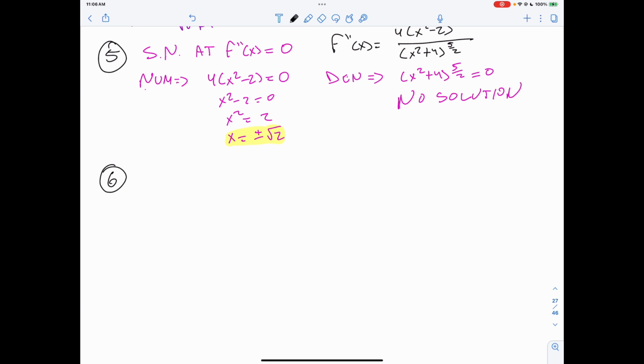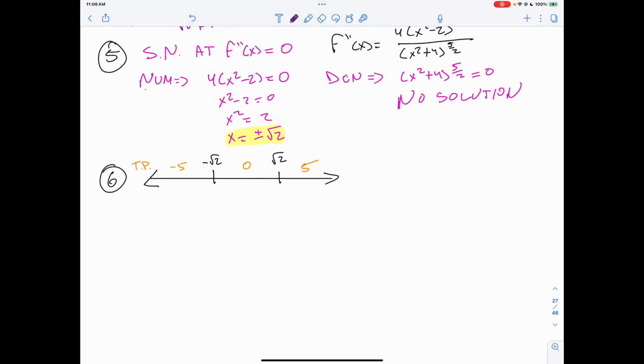So I'm going to check for when it is concave up and concave down. I have my significant numbers at -√2 and +√2. I'm going to pick some test points. Let's say -5, 0, and +5.